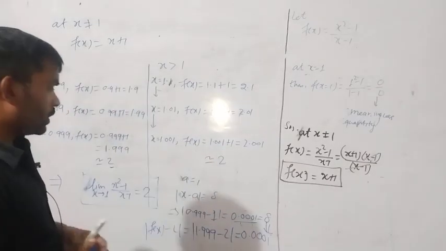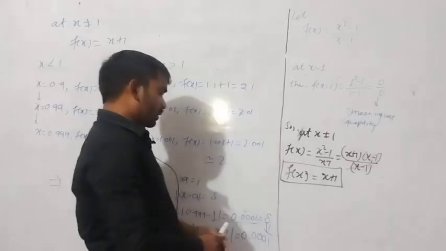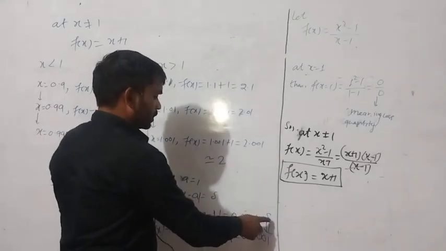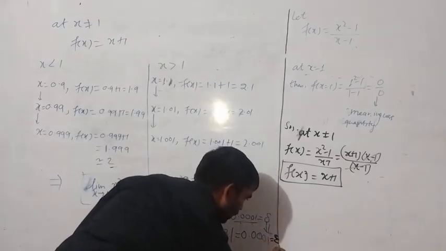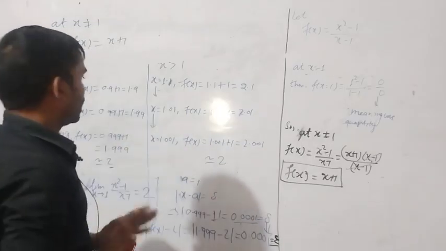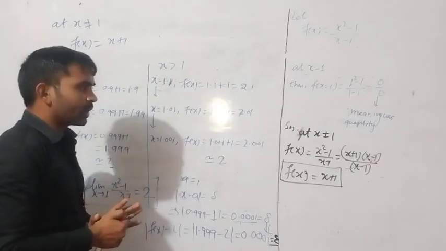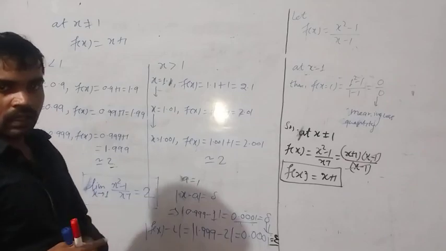So in this case we find that both quantities, delta and epsilon, are equal. So this is the literal meaning of delta, epsilon and limit.